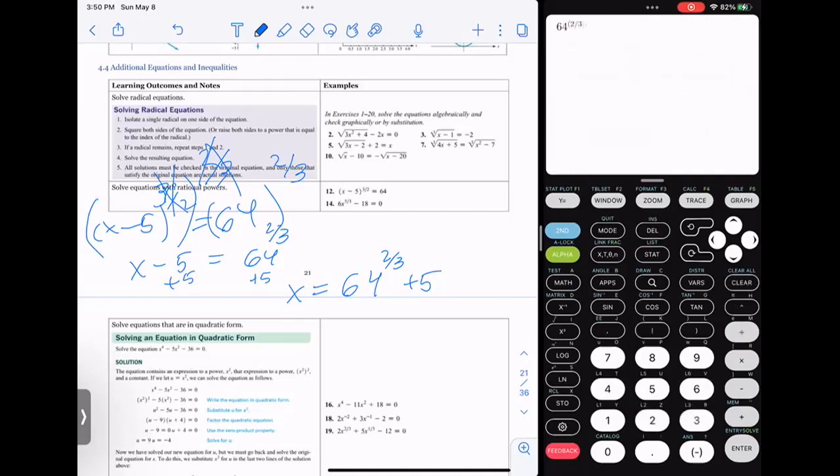But as it is right now, you can't add the 5 to 64. Now 64 to the 2/3 does simplify to 16, and that's equal to 21. Right. Gotcha. 21.